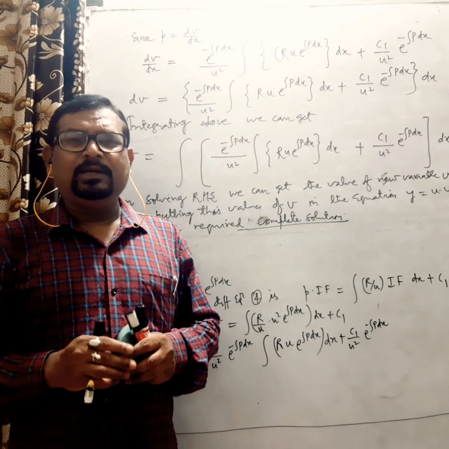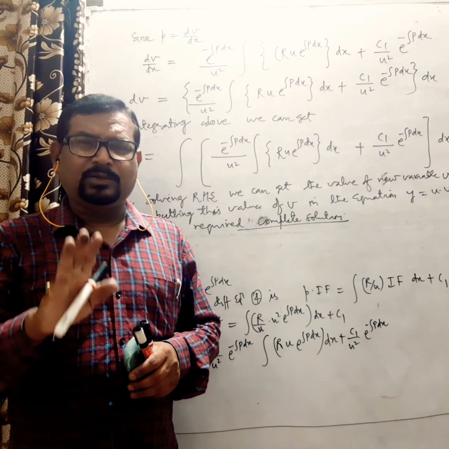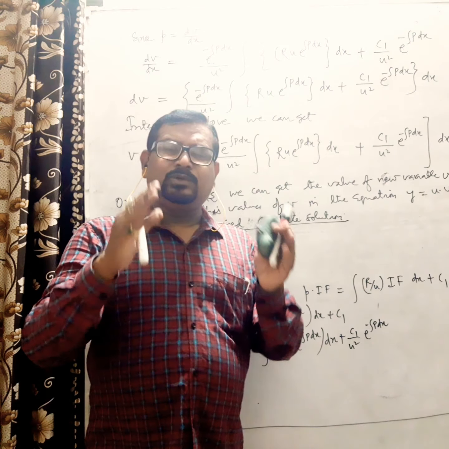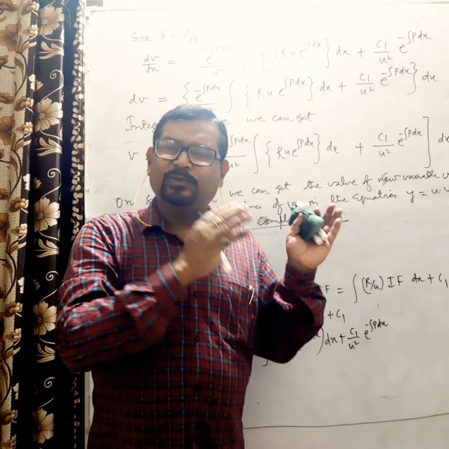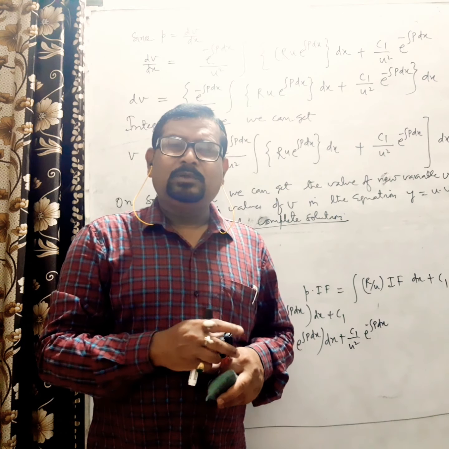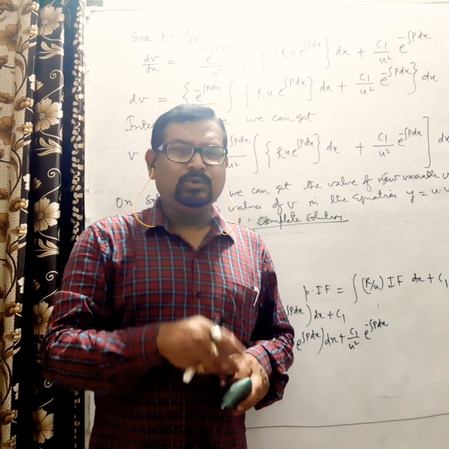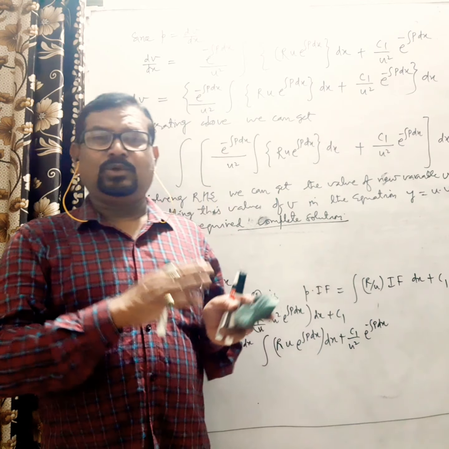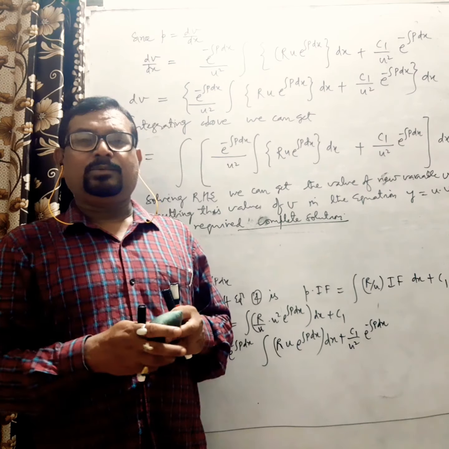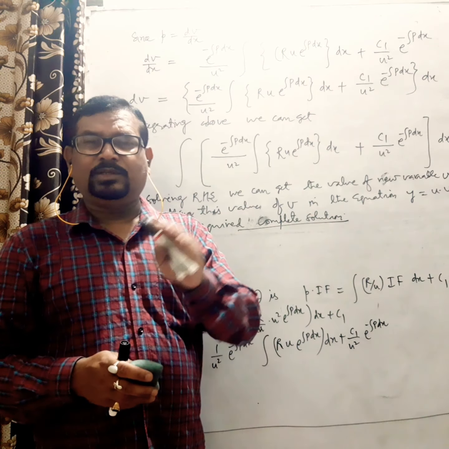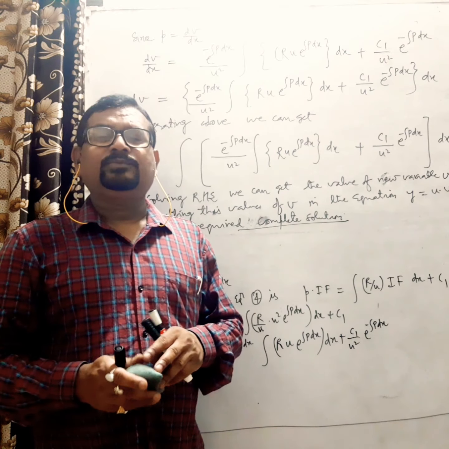You have been given u as a part of the complementary function. You have supposed y is equal to u into v is a complete solution of the differential equation. Since u is given, v is not given, this value of y equal to u into v will satisfy the given differential equation.